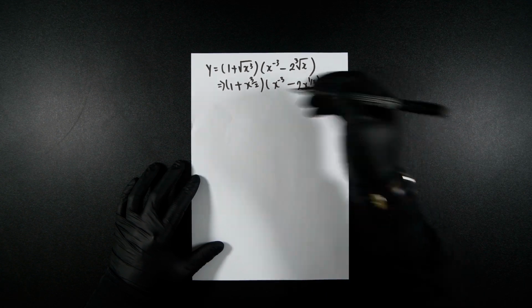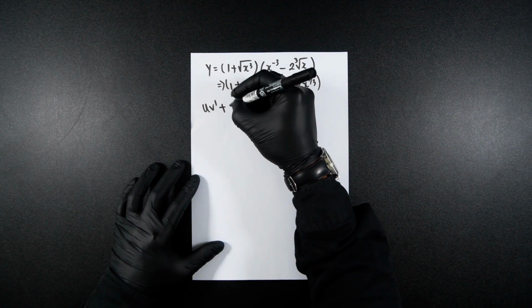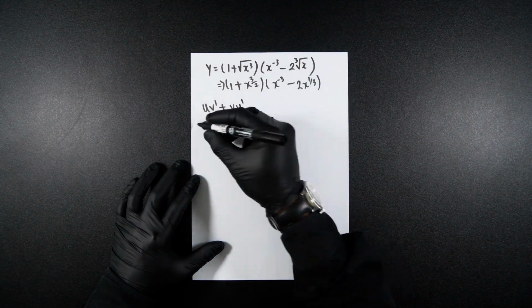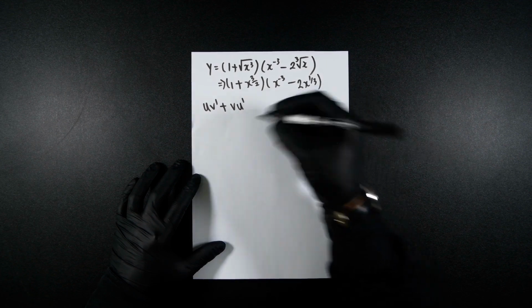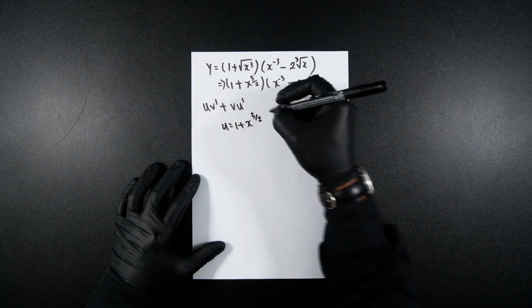Let's do the same as what we did in the previous question. Using this formula, we can now find out that u is 1 plus x to the power of 3 over 2.